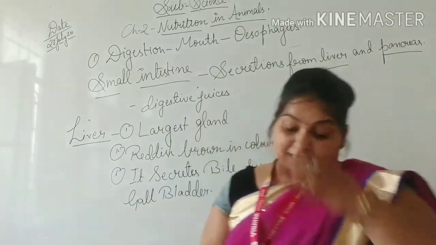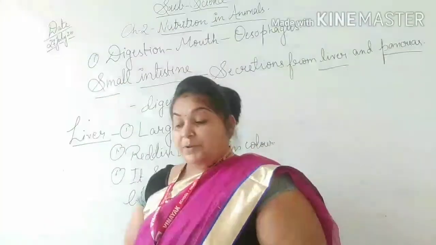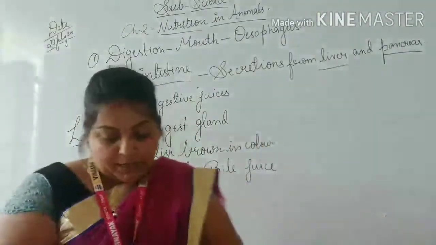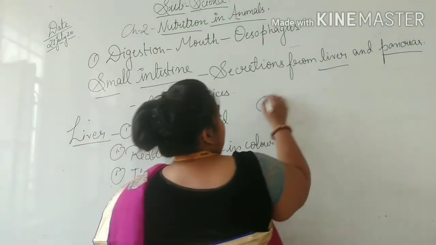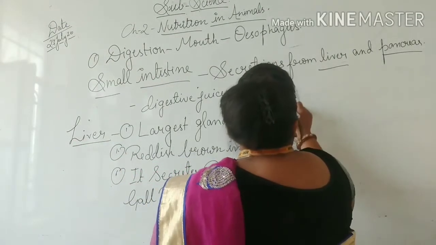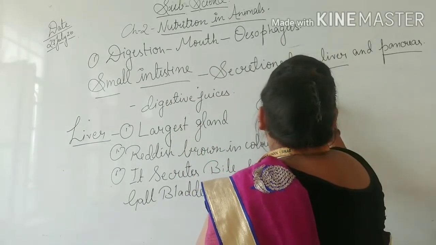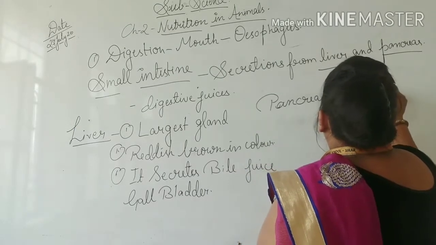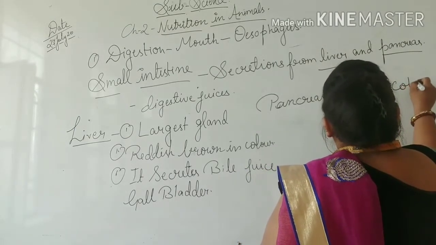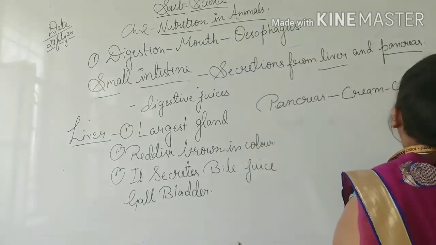Now, next is the pancreas. What are the features of the pancreas? The pancreas is also a cream colored gland.